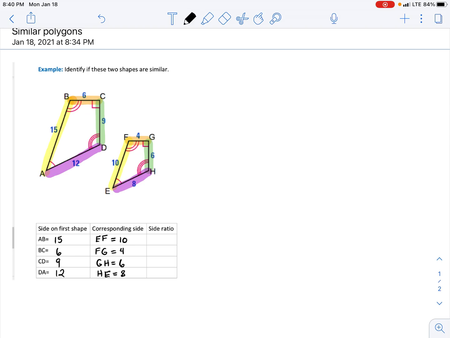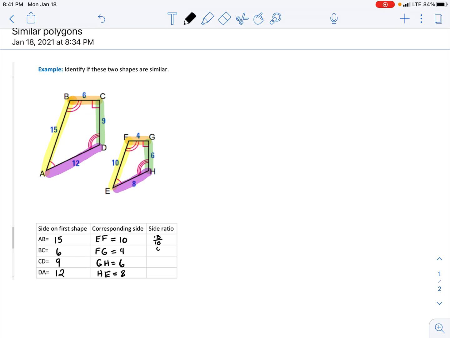Okay, so now I want to figure out the side ratio. So here the side ratio would be 15 to 10, and we write that like 15 over 10. We start with the side on the first shape in the numerator, and then that would be divided by the corresponding side length.